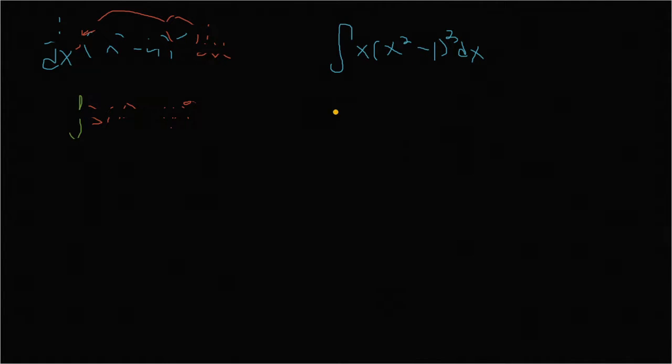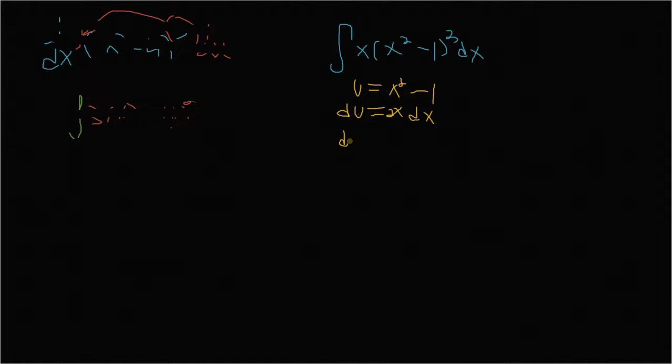We're going to say let u be this inside function, x squared minus 1. And so differentiating both sides with respect to x, we'd say du is going to be equal to 2x dx. And so we do not have 2 x's over here. We in fact have 1 x.